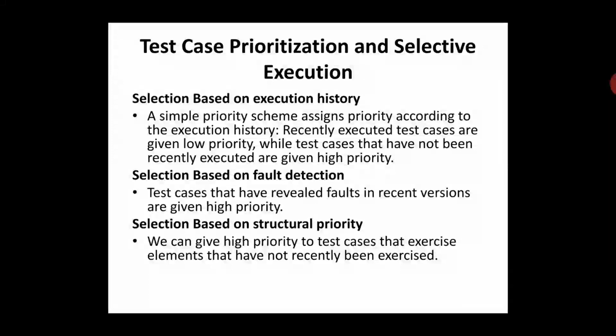One is based on execution history: we give higher priority to those test cases which have not been run recently. Second approach is based on fault detection. Third approach is based on structural priority. Structural priority in the sense of elements which were not executed recently. Elements may be a function, a portion of code, anything.